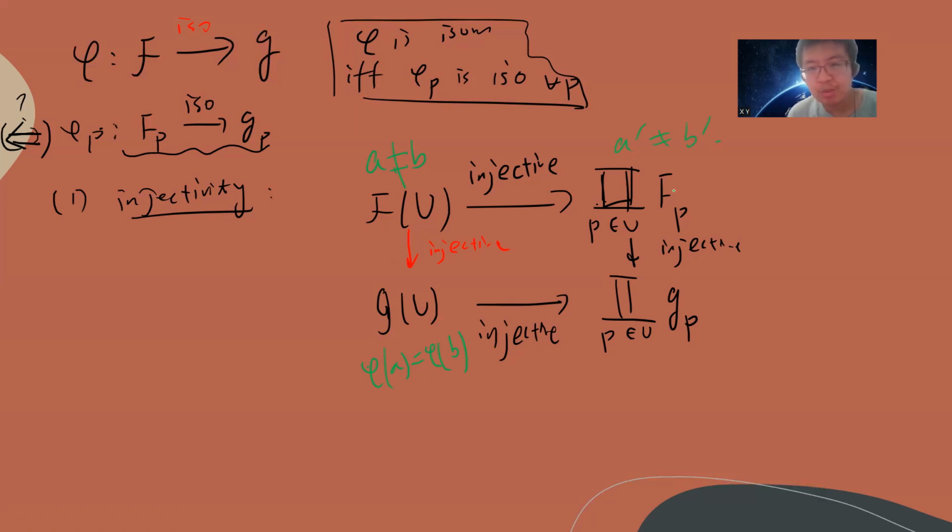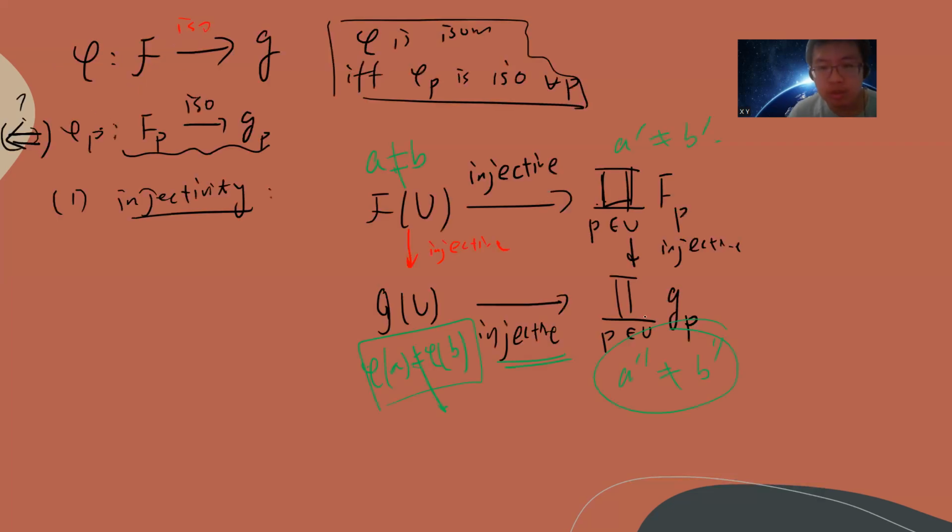These two are still injective, so these two will be different. But then this map is also injective, so the same thing cannot become two different things. So the red one must be injective. It's very simple; this is just a commutative diagram. So injectivity is simple to prove.